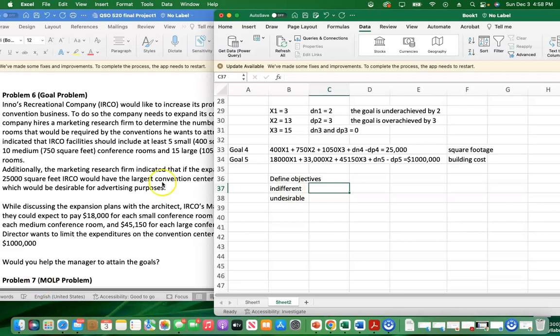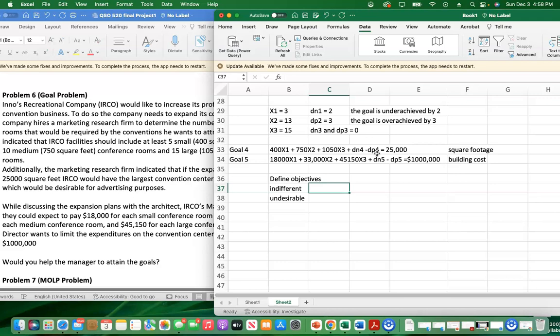So what about goal number 4? We can see that if the company is able to expand to 25,000 square feet, then it will have the largest conference center, which exceeds their competitors.